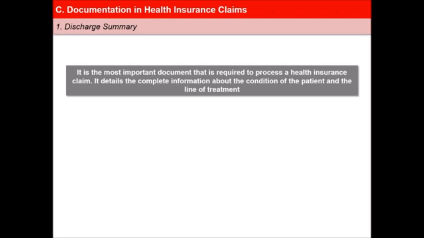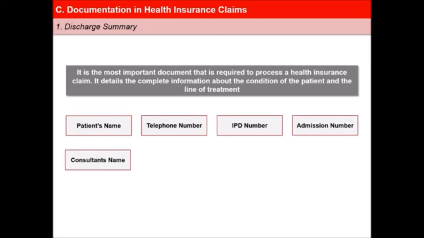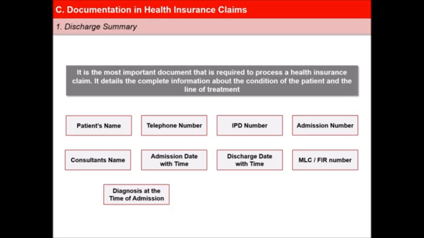As per IRDA standardization guidelines, the contents of a standard discharge summary are as follows: patient's name, telephone number or mobile number, IPD number, admission number, treating consultant's name, contact numbers, and department or specialty, date of admission with time, date of discharge with time, MLC number or FIR number, provisional diagnosis at the time of admission, final diagnosis at the time of discharge, etc.